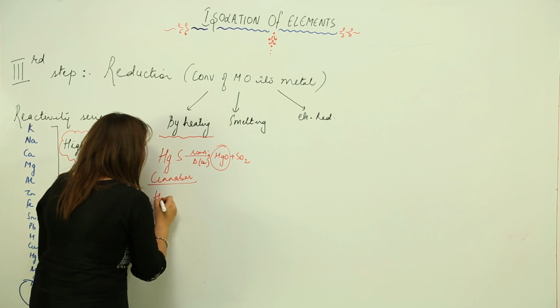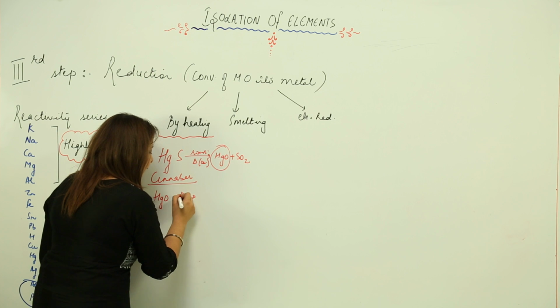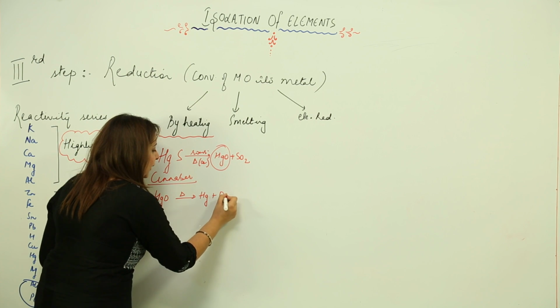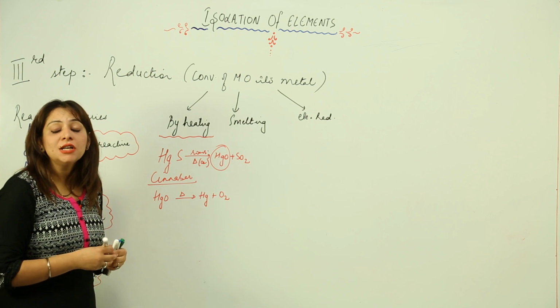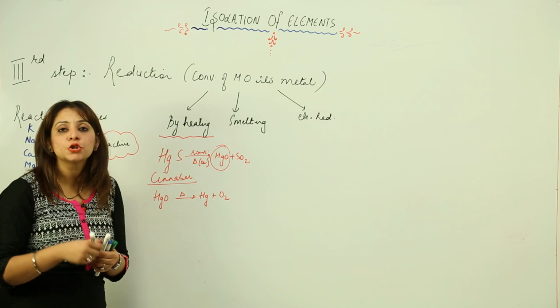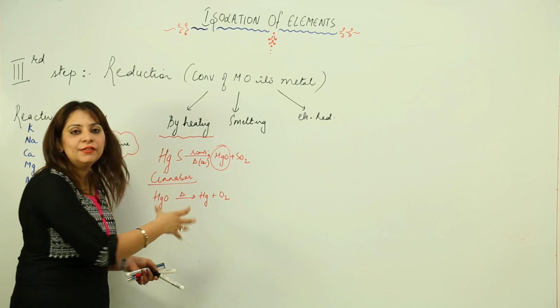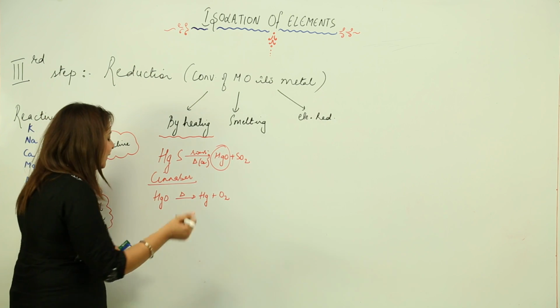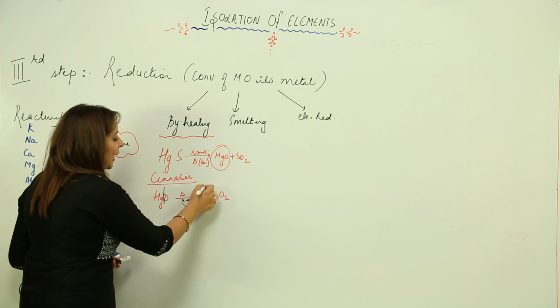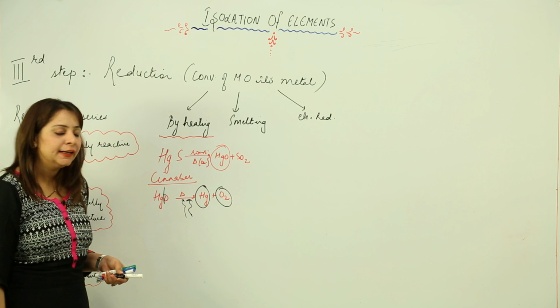Now in the third step, we just heat it, and after heating, mercury and oxygen get separated. Because it is not so reactive, the bond between mercury and oxygen is not so strong, so we can easily cleave it by heating. I have supplied it with heat, the bond breaks, and the mercury separates out, right?